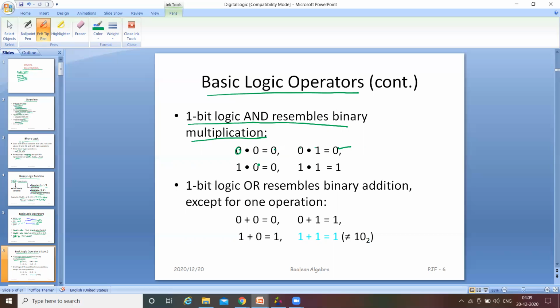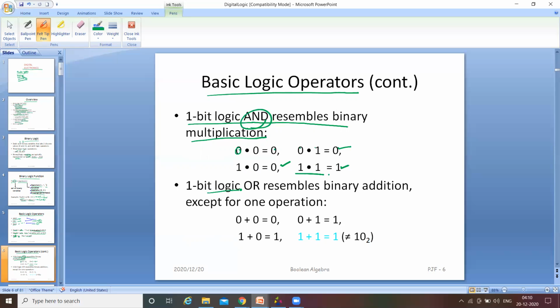Next, 0 and 1 is 0. Next, 1 and 0 is 0. 1 and 1 is 1. That's why the AND function is defined as: the function AND will become 1 only when all the binary variables are equal to 1.